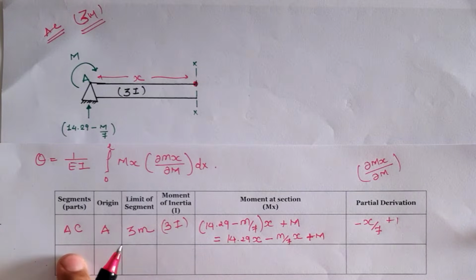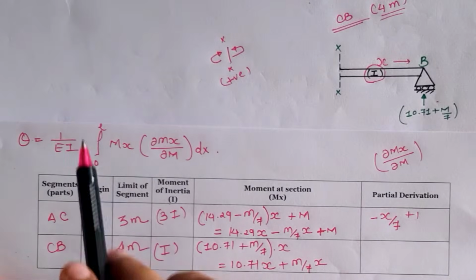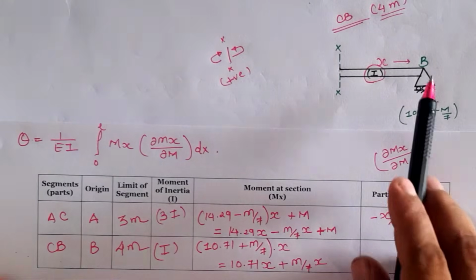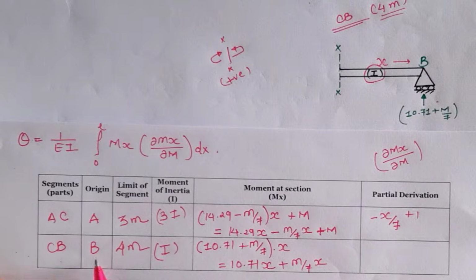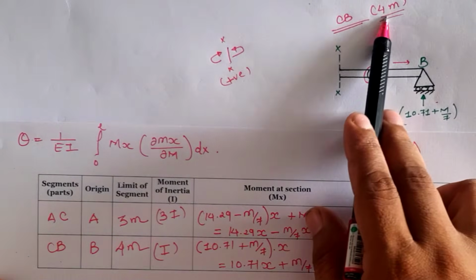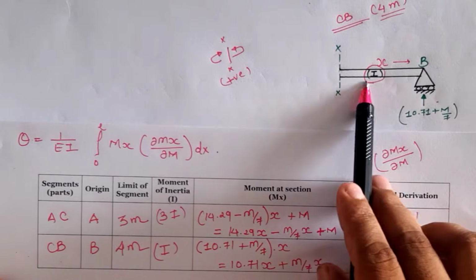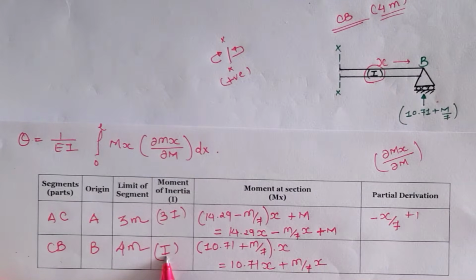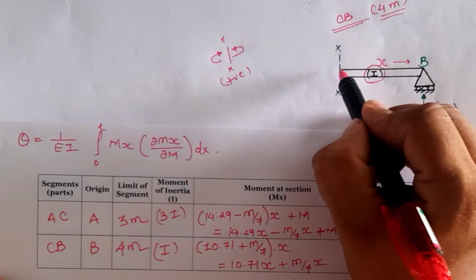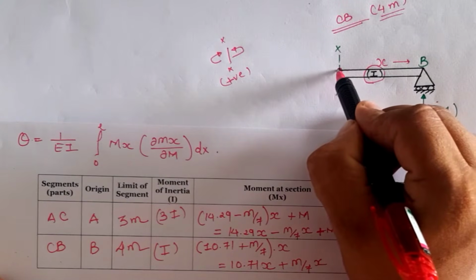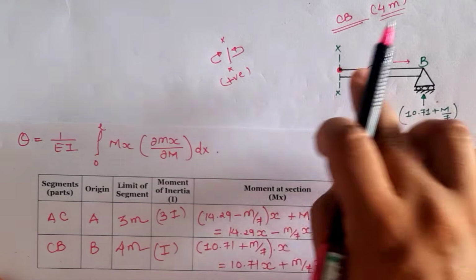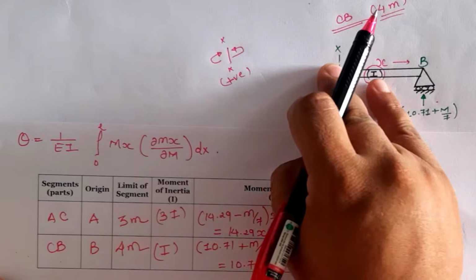Similarly for the second segment, C to B, our origin is B, the total span distance is 4 meters, hence the limit of the segment is 4, and the moment of inertia is I. If we take the sectional moment at distance x, then it is RB into x.